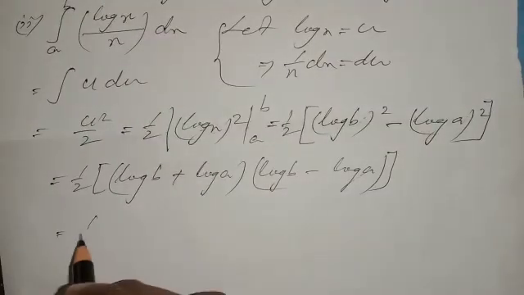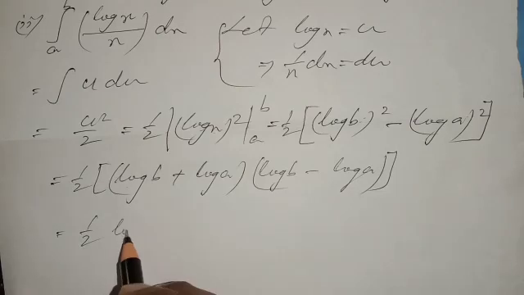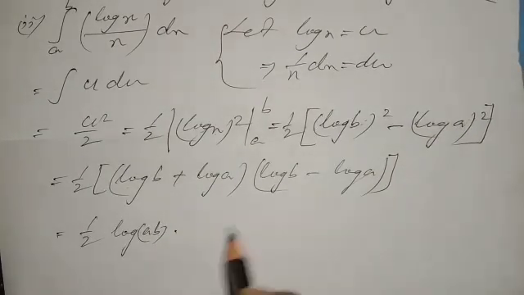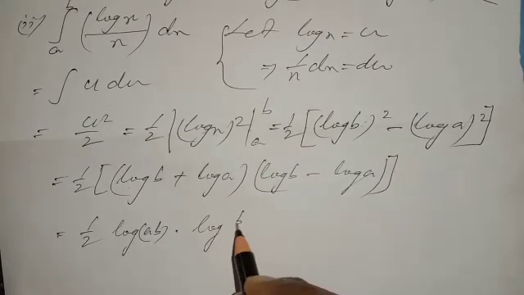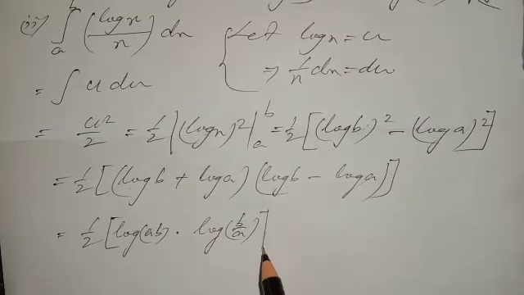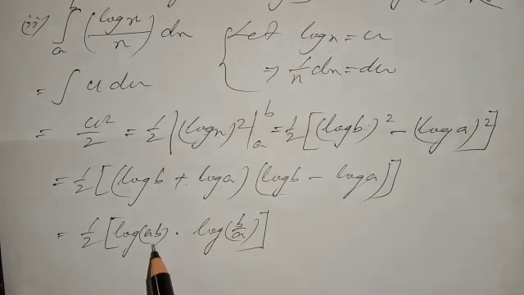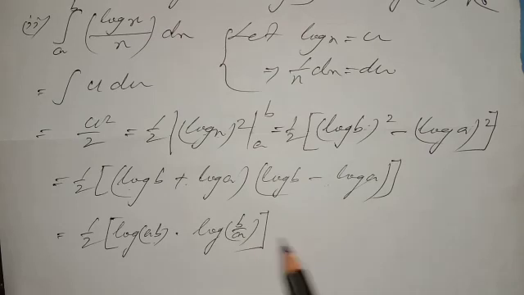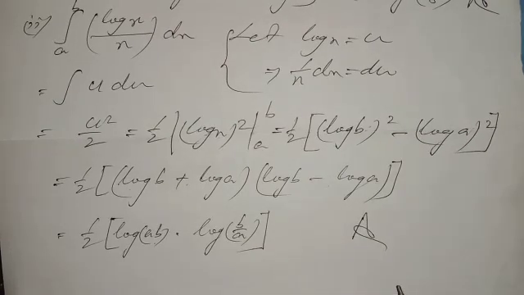Again you see, this is nothing but log of ab into log of b by a, as per the log properties. In case of plus, this will be multiplication. In case of minus, this will be divide, log of b by a. Question number 3 second part completed.